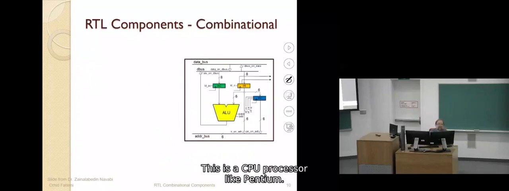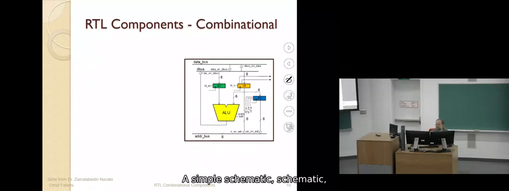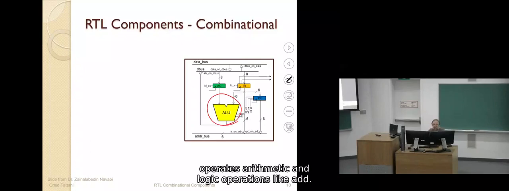Let's look at this system. This is a CPU processor, like Pentium. A simple schematic, not a very complicated, detailed version. In a processor, you have different components here. For example, we have something which operates arithmetic and logic operations, like add, and, or.